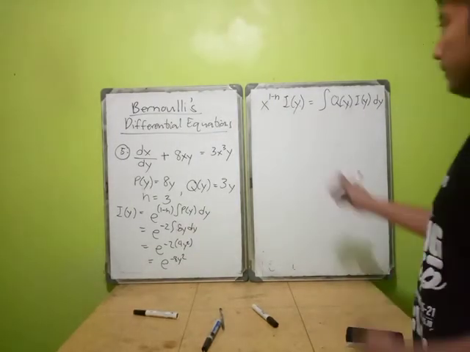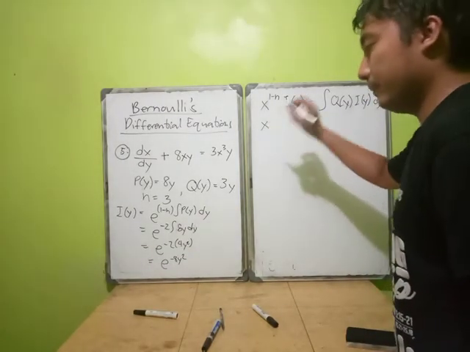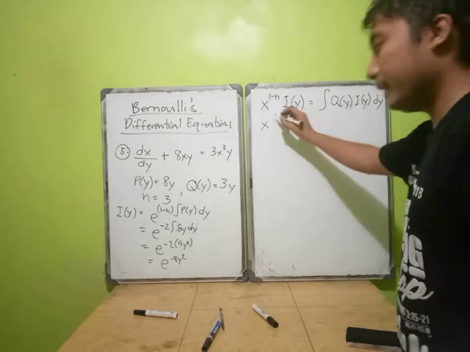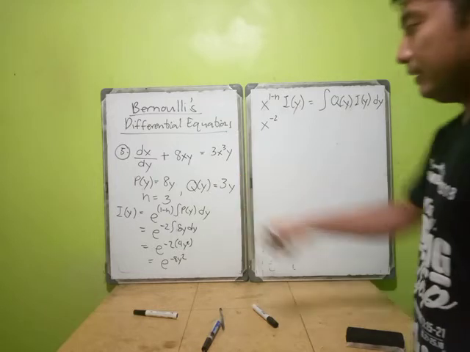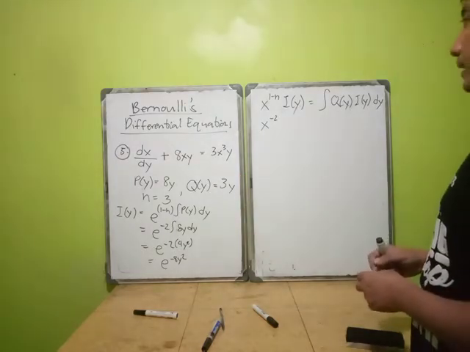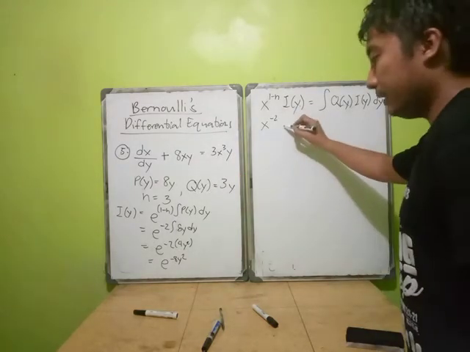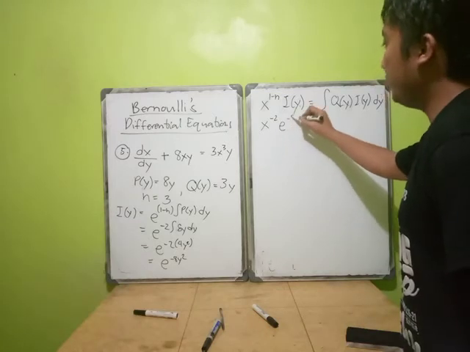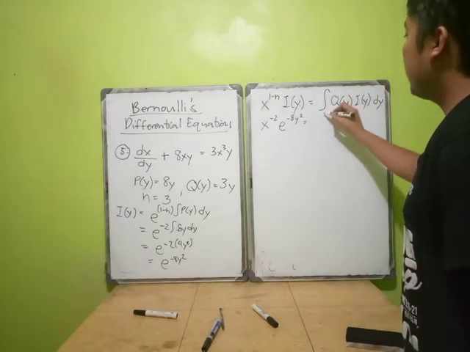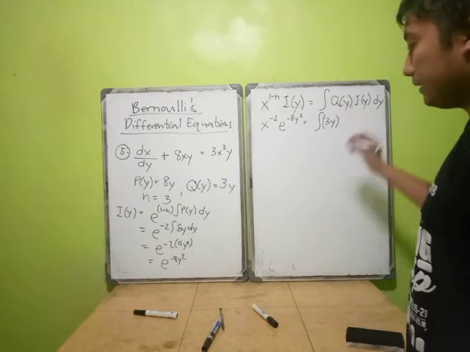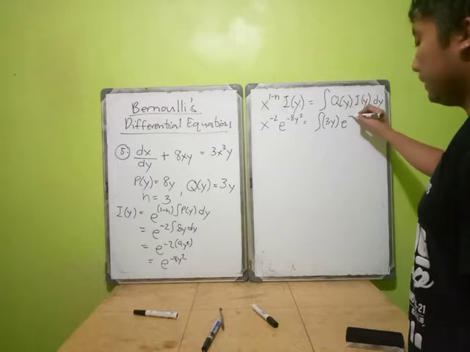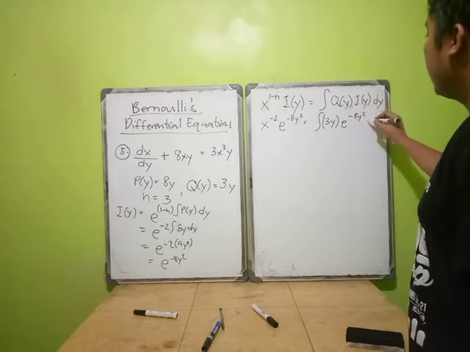Okay? So, x to the power of negative 2, kasi n natin is 3. So, iy is e to the negative 8y squared. So, qy natin is 3y multiplied by the integrating factor e to the negative 8y squared.